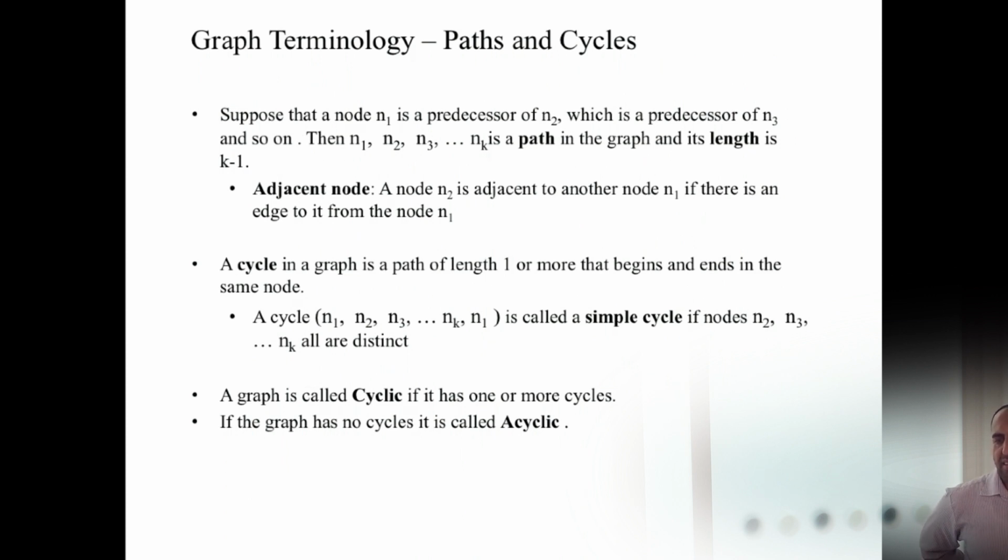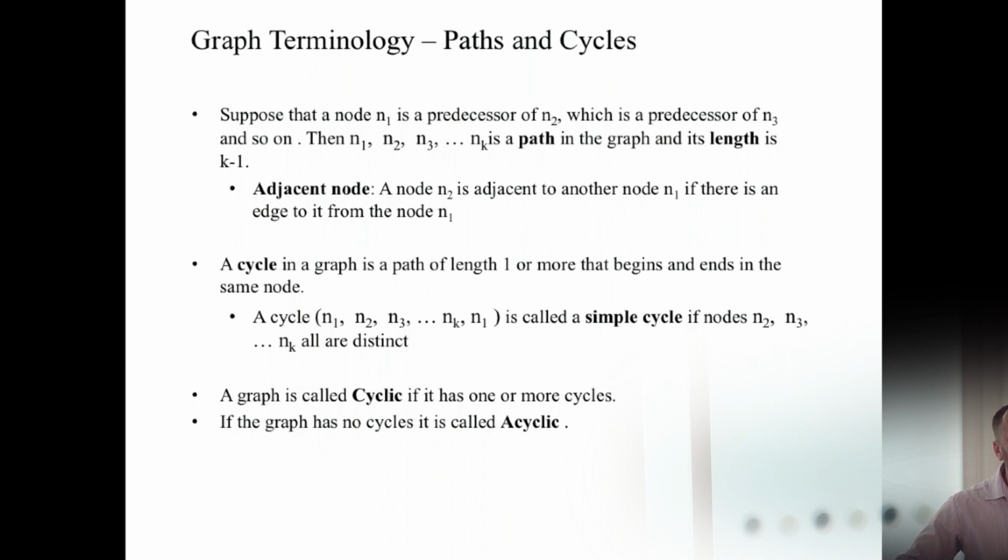And then there are some basic concepts about the graph. So we have a path, which is quite similar to a path in a tree data structure. A path is a sequence of edges from one node to another node. If you have 4 nodes, A, B, C, D, and there is a path from A to B, and B to C, and C to D, then that sequence of edges is called a path, and the length of a path is usually the number of edges involved in making that path.